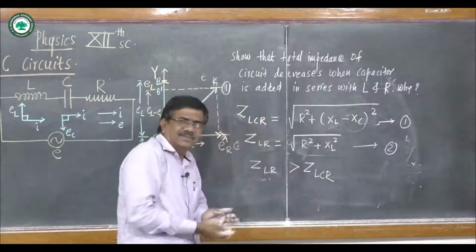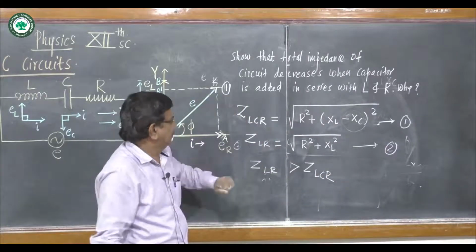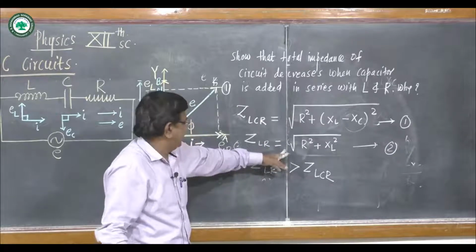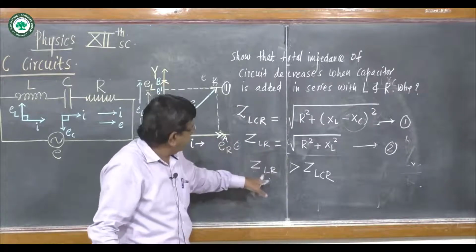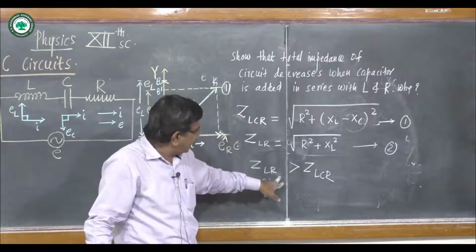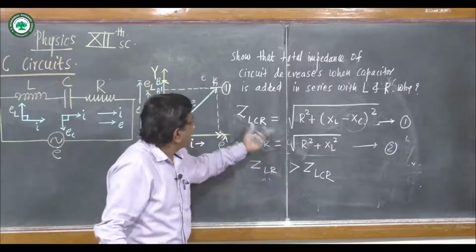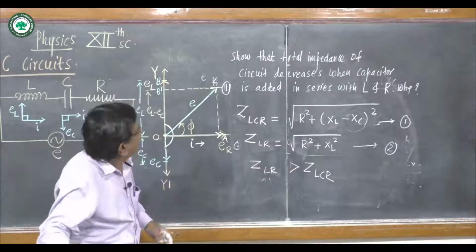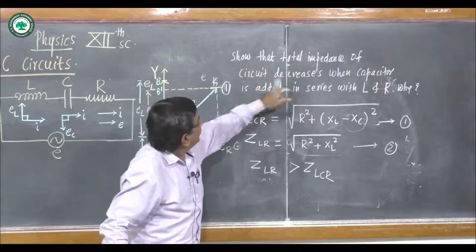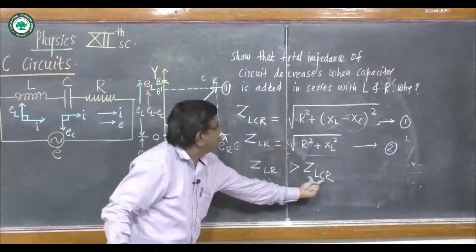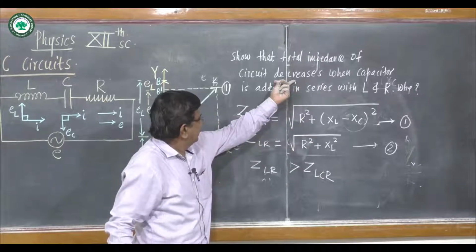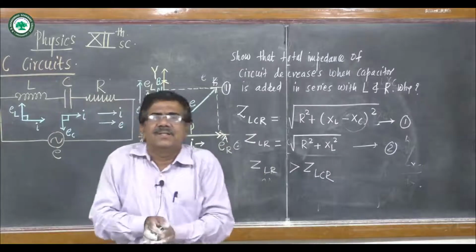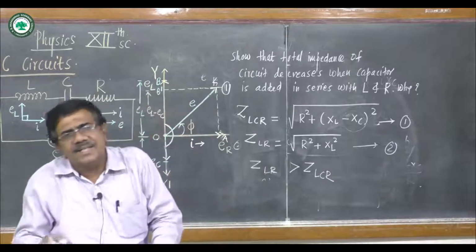If the capacitor is not there, the impedance for inductor and resistor is greater than when all components are there. Hence we say that the total impedance of the circuit decreases when a capacitor is added in series with inductor and resistor.